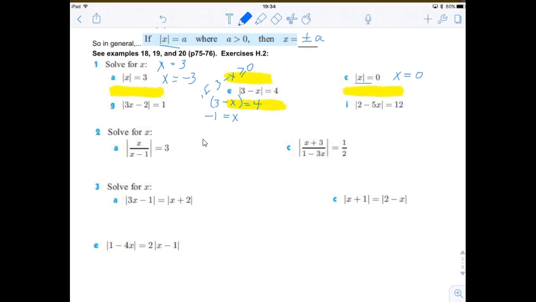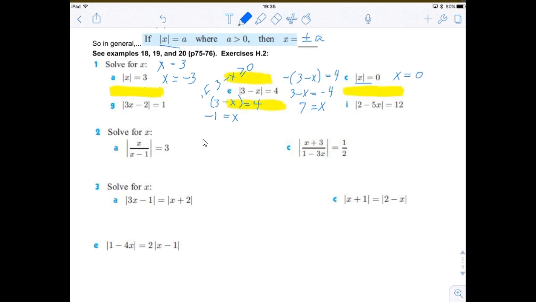And if 3 minus x is less than 0, then the absolute value is doing something. So we're taking the negative of 3 minus x. And let's see, 3 minus x equals negative 4. X equals 3 plus 4, which is 7.